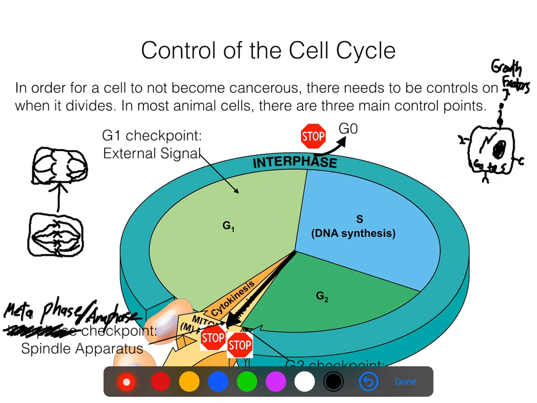And this is because there's a particular type of mutation called a chromosomal non-disjunction. A non-disjunction is where you have your cell and the spindle apparatus doesn't hook up properly to one of the chromosomes.